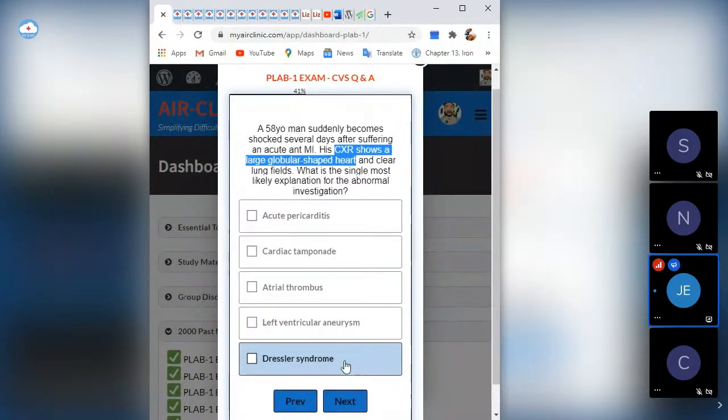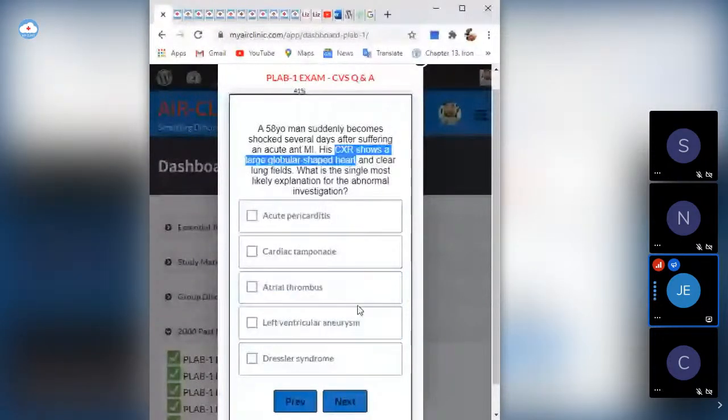You know that Dressler syndrome is actually chronic pericarditis, so it appears as a large globular-shaped heart. So see the things that can appear as globular-shaped heart. Maybe cardiac tamponade can appear as large globular-shaped heart, and then left ventricular aneurysm can also appear that way, I think.